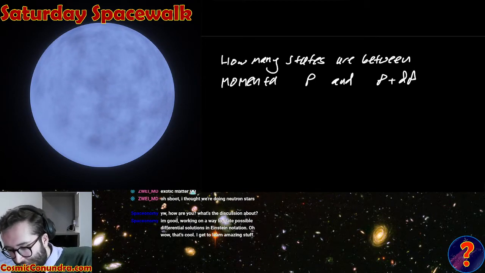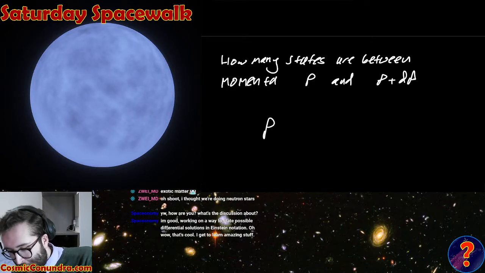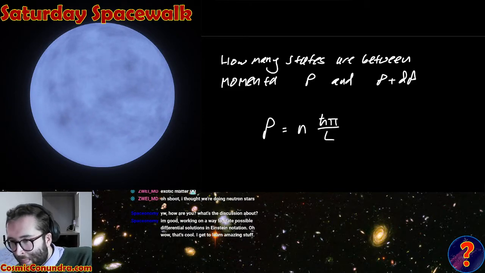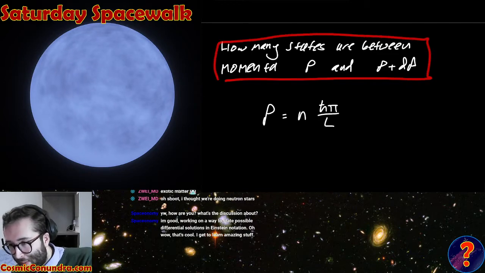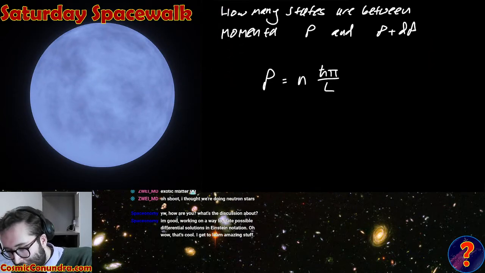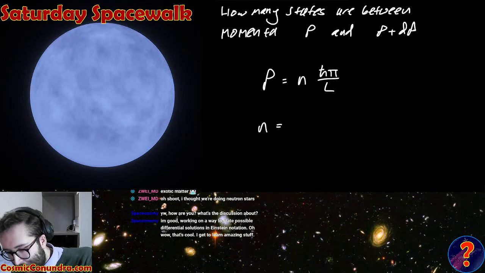So what we have so far is that P is equal to n times h bar pi over L. Well, now if we're looking to count how many states there are in a certain momentum range, we should think about rearranging this equation for the number of states in terms of the momenta.